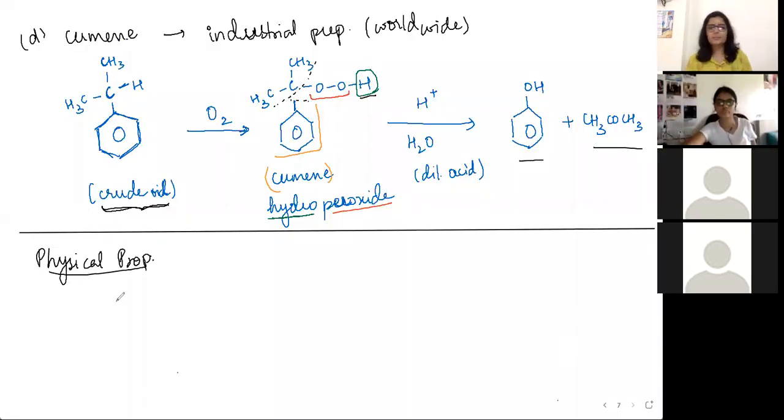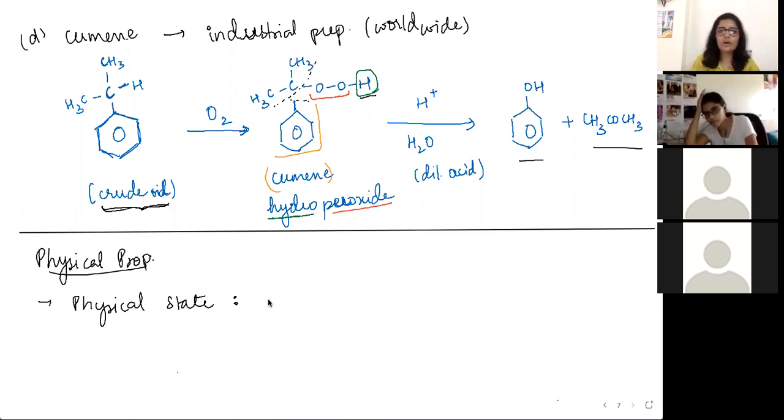All right, physical properties. As usual, let's go over the same. What is the physical state of alcohols? In general, for any hydrocarbons, what has been the trend? It depends on the molecular mass. If the molecular mass is low, it starts from gas, goes to liquid, and then goes on to solid. The smallest alcohols like methanol and ethanol, will they be gases or liquids?